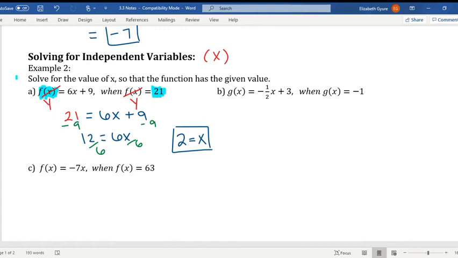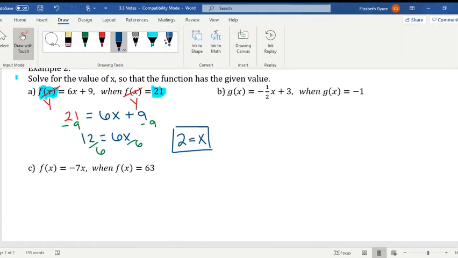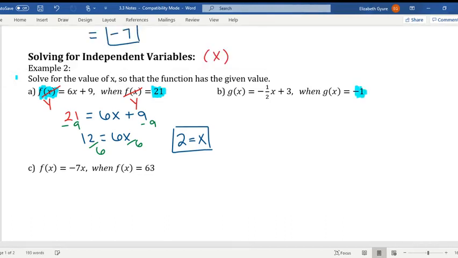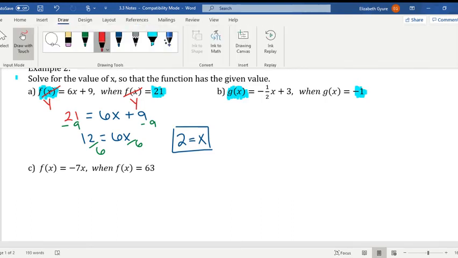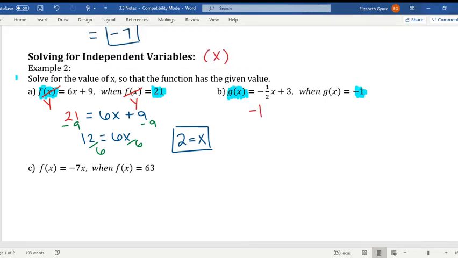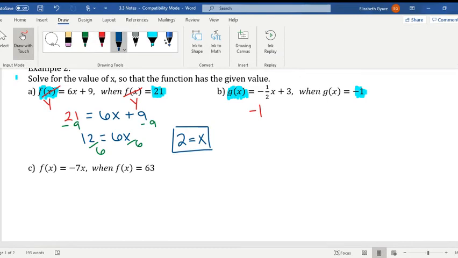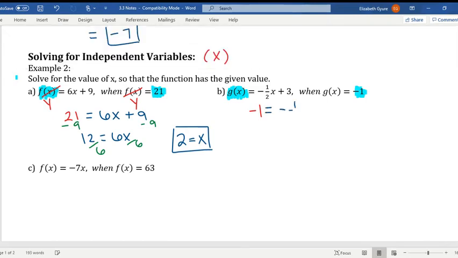Then for part B, it says g of x equals -1/2 x plus 3 when g of x equals -1. So g of x is on the left, so you're going to put -1 on the left. So plug your -1 in on the left and then just copy down the right-hand side. -1/2 x plus 3.